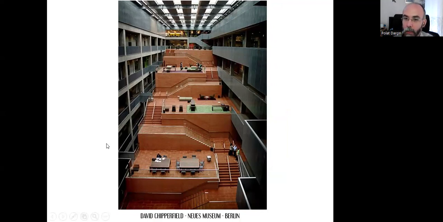This staircase is in the heart of the building, and its function is not just to provide means of transport in different levels. As you can see, it has spaces. It's designed to have living spaces.